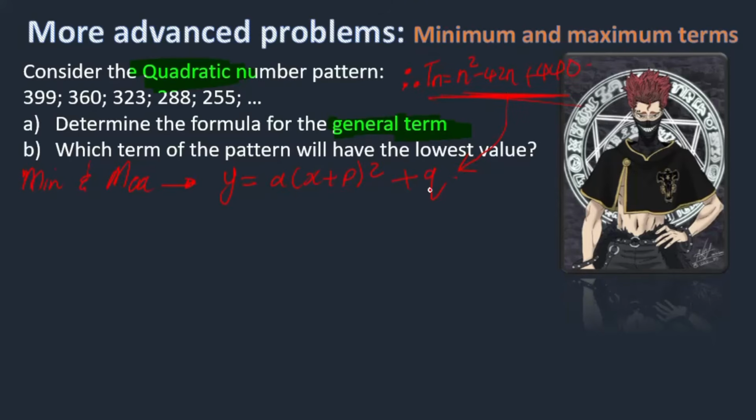By completing the square. So I take this: Tn is equal to n squared minus 42n plus 440. When you complete the square, I'm going to say n squared minus 42n, and then I'm going to say plus 42 over 2 squared, minus 42 over 2 squared, and then plus 440.